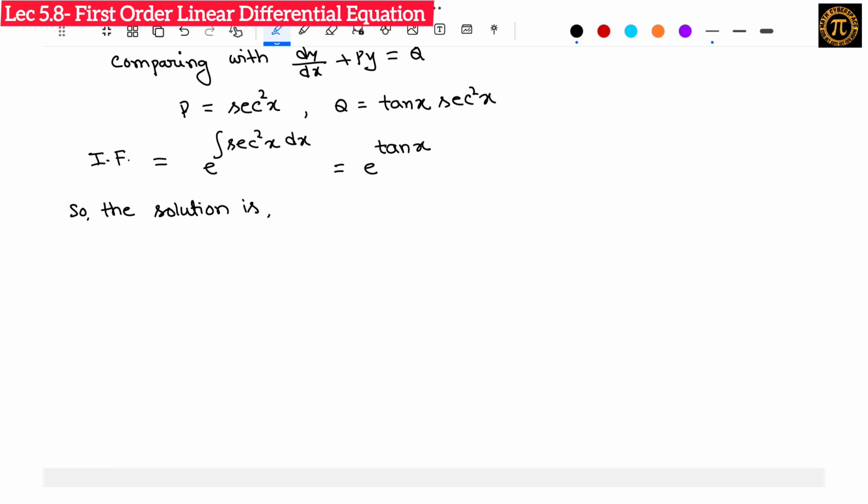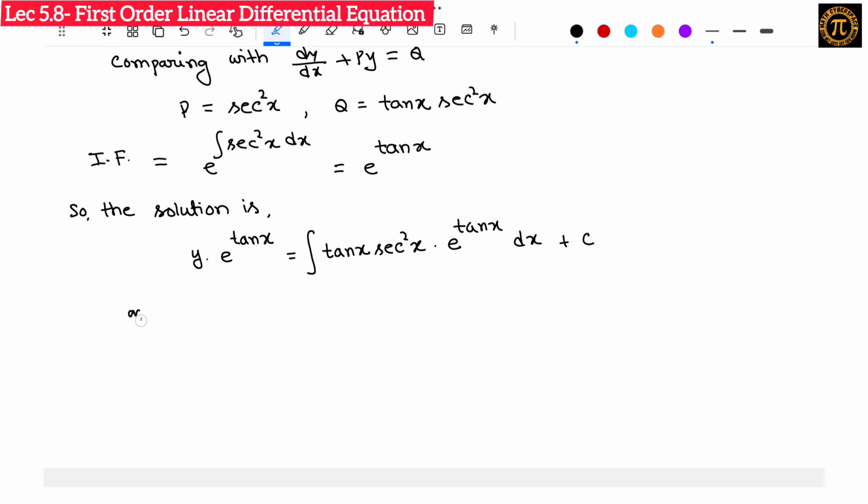What is the dependent variable? Y. So y into integrating factor e to the power tan x equals integration of q into integrating factor. What is q? Q is tan x sec square x, into integrating factor e to the power tan x, dx plus c.